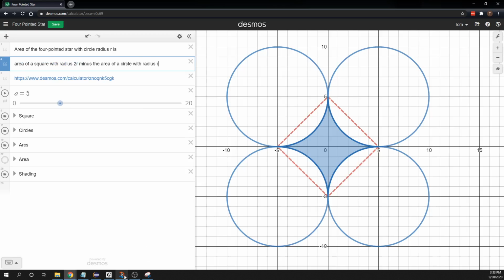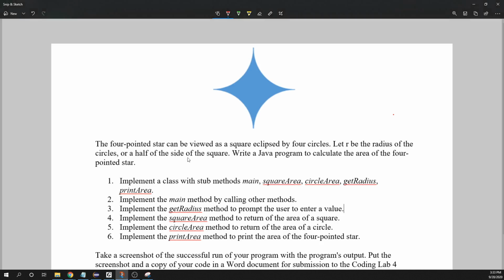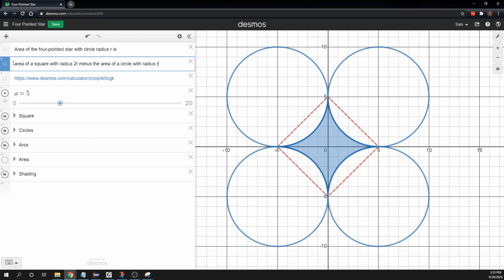If you try to read through the problem, it's not so clear what formula they're asking you to use. But this over here makes it very clear, or hopefully it does, what formula you should use. You're going to be asking the user to enter the radius of the circle. So what you would do is find the area of a square with radius 2 times the radius.